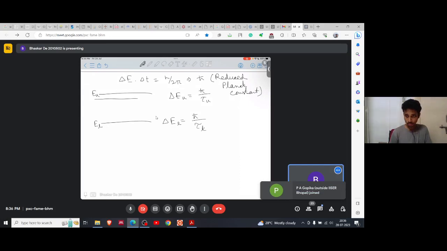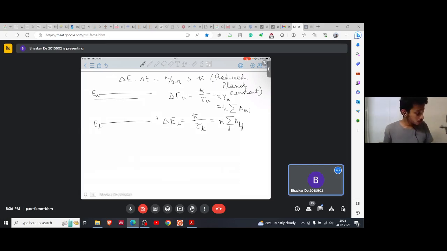Now if we want to relate this to our previous calculation, we can write it as h bar summation A_Ui. Again, this one can also be directly written as h bar summation A_Lj.